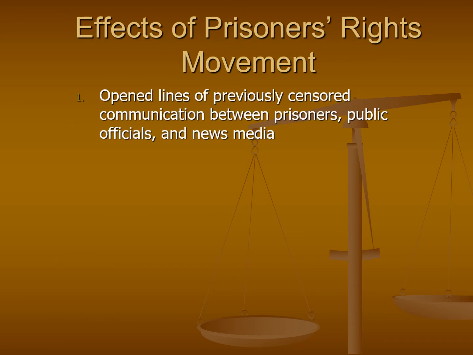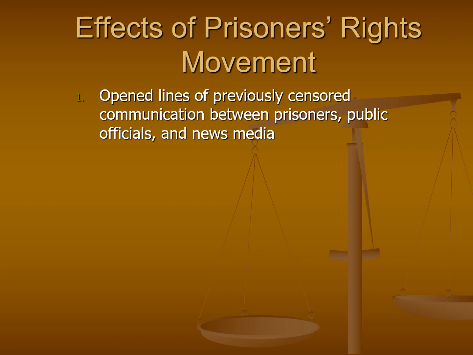One of the first effects of the prisoners' rights movement was that it opened lines of previously censored communication between prisoners, public officials, and news media. It sounds simple, but the right to have access to your own reading material, and to communicate with other individuals both in and out of prison, had largely been shut down for roughly 100 years during the hands-off policy.